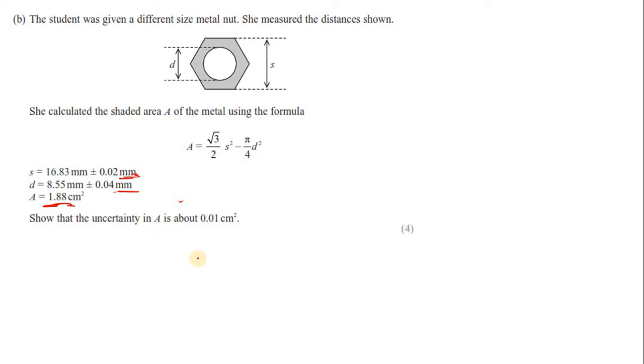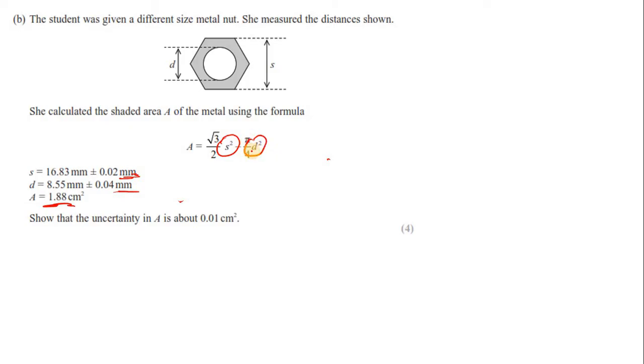So there are various techniques to find the uncertainty from the formula. For me, the easiest way is to find uncertainty with the help of absolute uncertainty or the fractional uncertainty. So you see the formula here. The value of A depends upon two factors, S and D, but not just S and D, S square and D square.